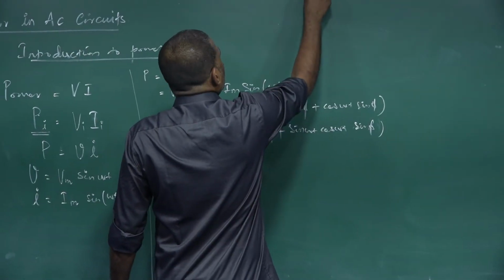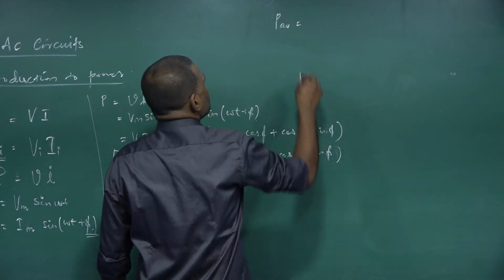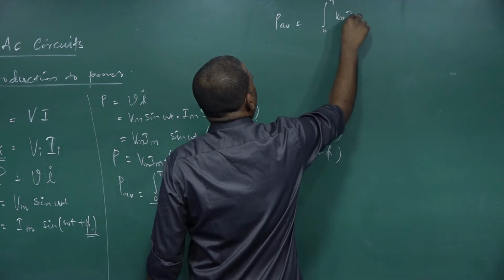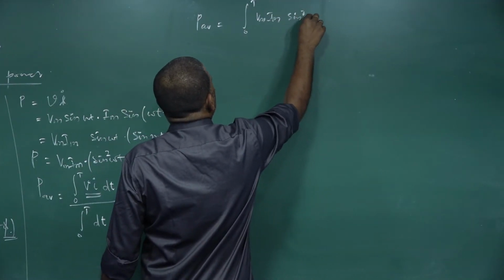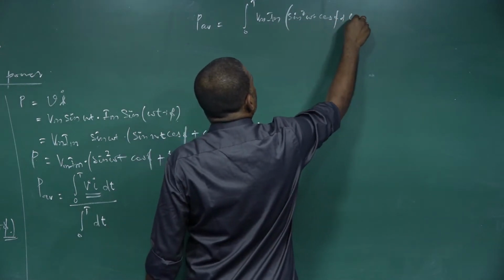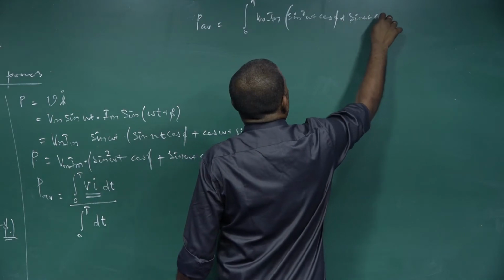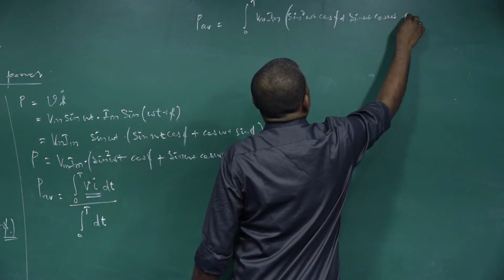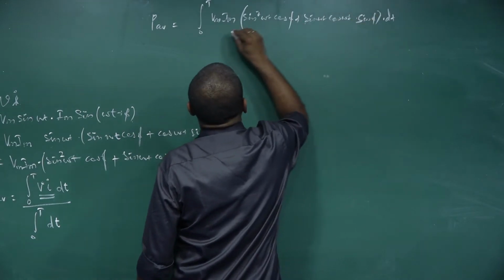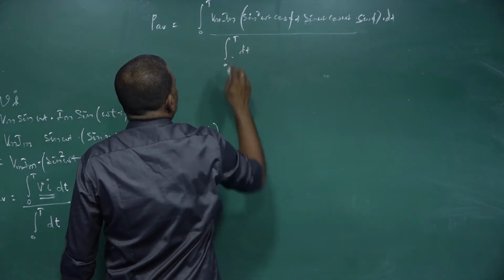The average power consumed, P average, is equal to integral 0 to T of Vm Im sin square omega t cos phi plus sin omega t cos omega t sin phi into dt, divided by integral 0 to T dt. This is how the representation must be.